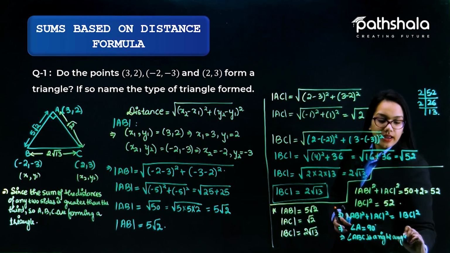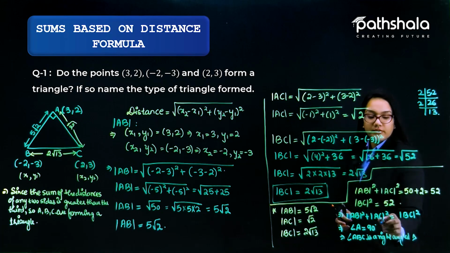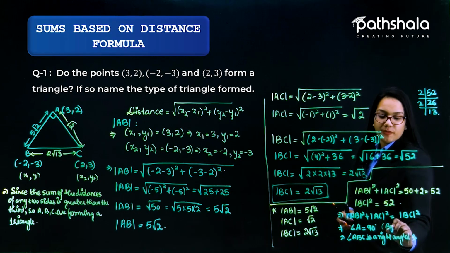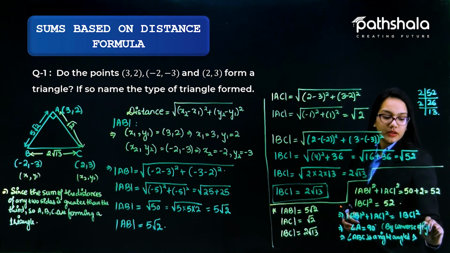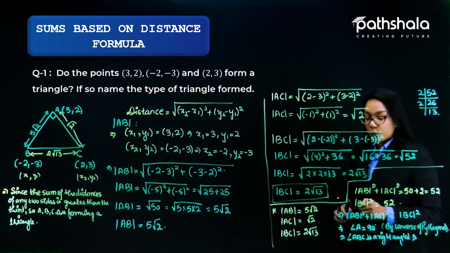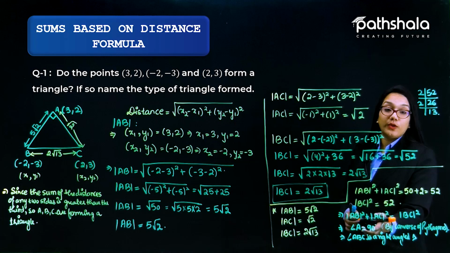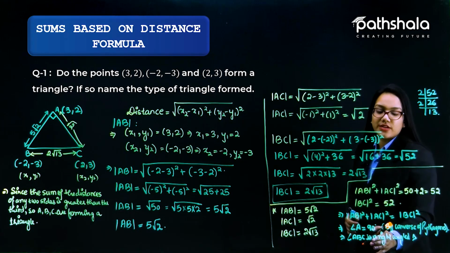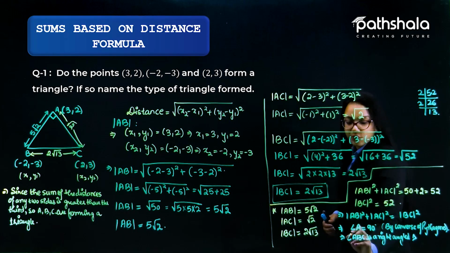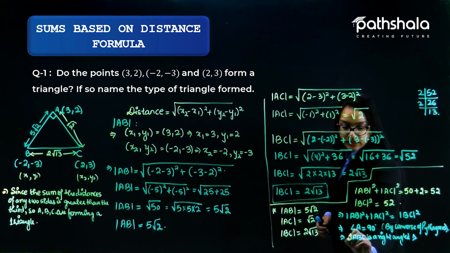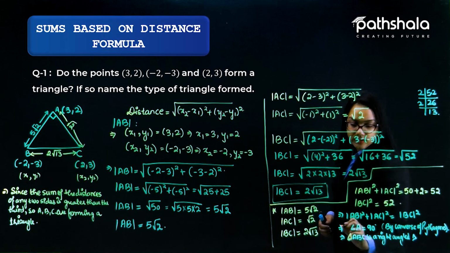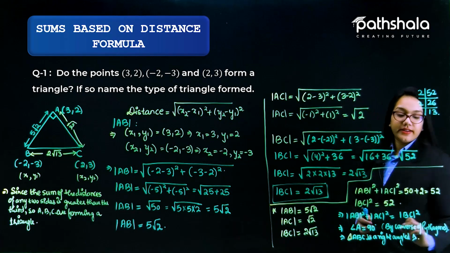It is a right angled triangle, and we can say this by the converse of Pythagoras theorem, because we know that if hypotenuse square is equal to perpendicular square plus base square, then the angle A would be equal to 90 degrees, and it implies the triangle ABC is a right angled triangle.